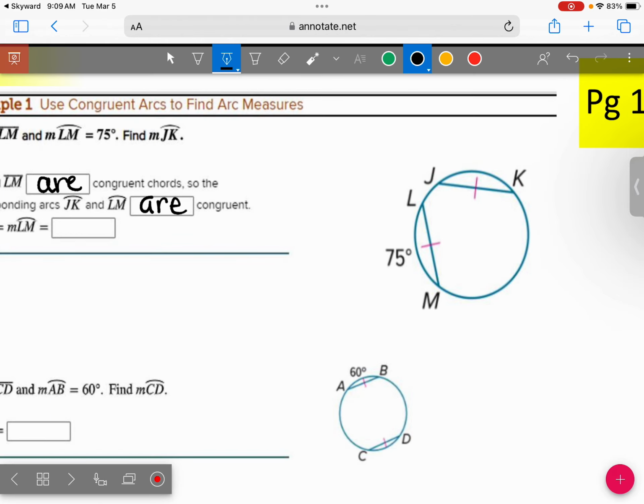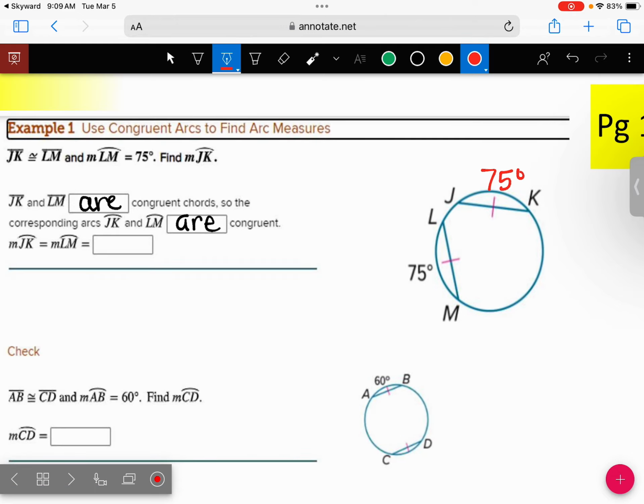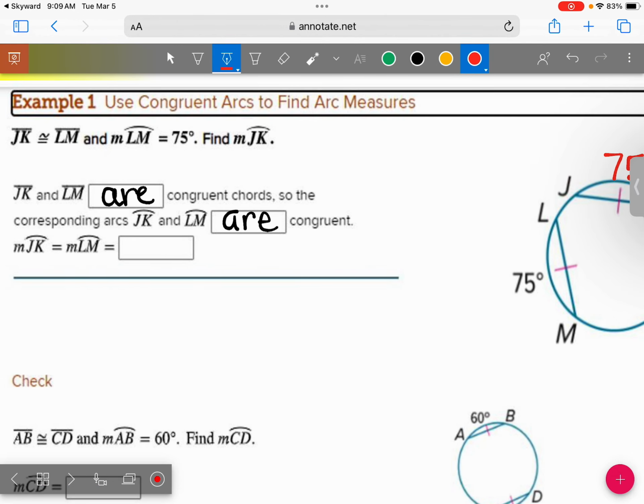So that means that because these two are the same, the measure of these two arcs will also be the same. So if from here to here is 75 degrees, what do you think the measurement will be from here to here? If this is 75, then this side is also 75. So we can write the 75 over here too. So arc JK and arc LM are both 75.